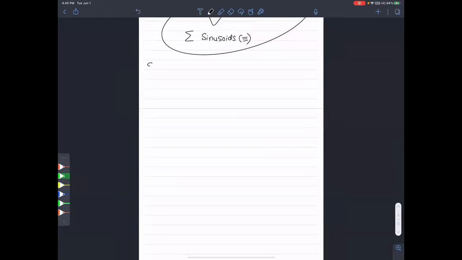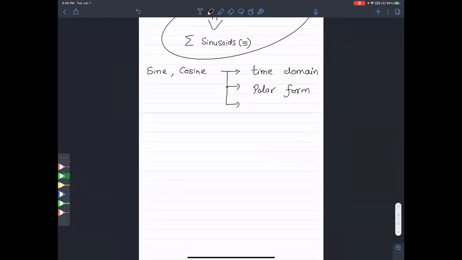First, we will understand what a sinusoid is, and what its mathematical representation is in time domain, in polar form, also called phasor, and also in rectangular form, in three different forms.